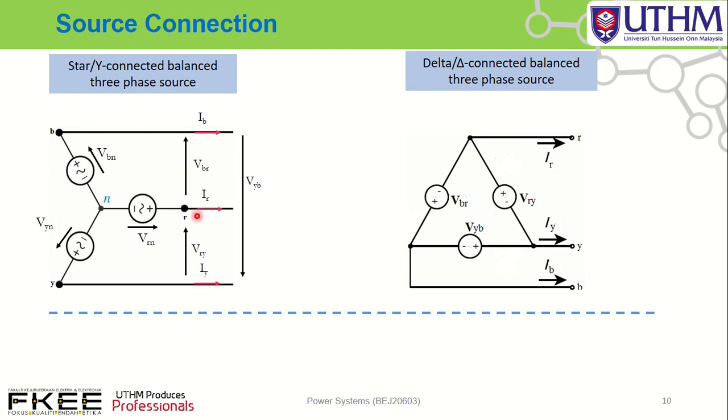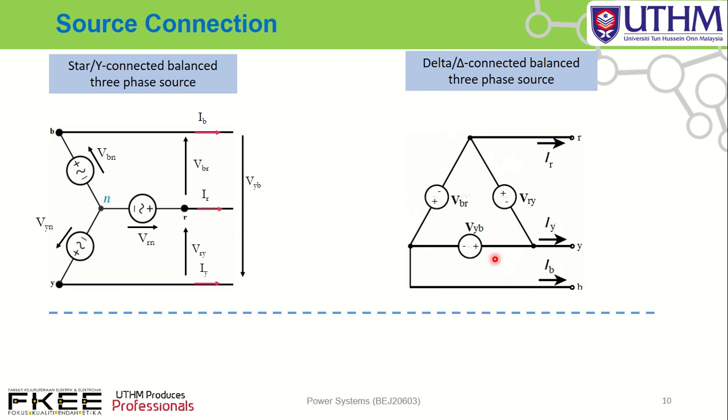The second connection we call the delta connected balanced three-phase. This is the symbol of delta connected. Why delta? Because the connection of the three coils looks like a delta, a triangle. First we have three different terminals R, Y, B. This one we call VRY, the potential difference between point R and Y, then VYB, and the last one VBR.